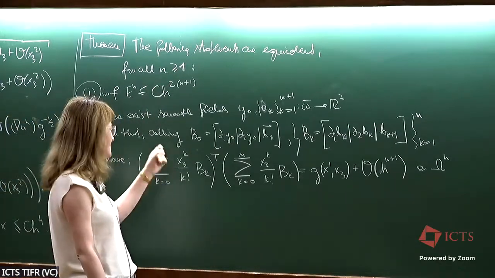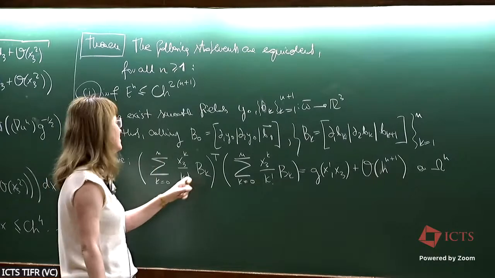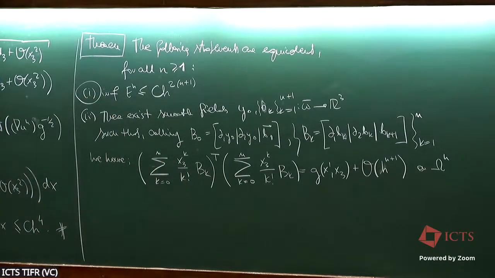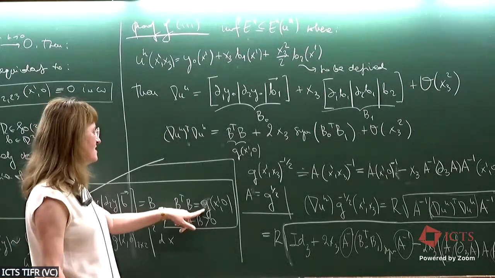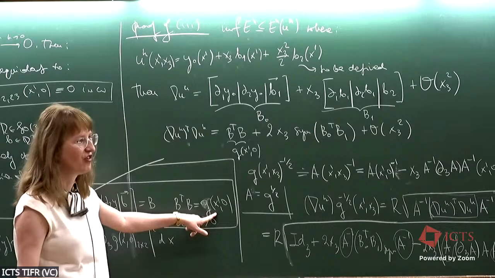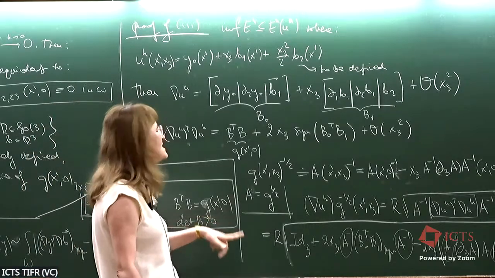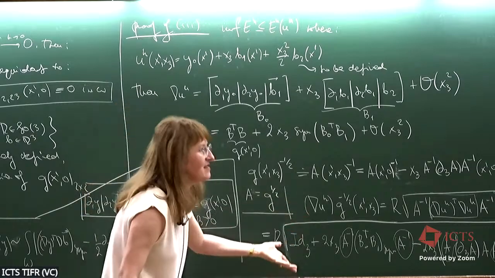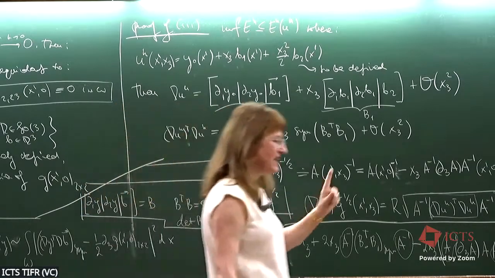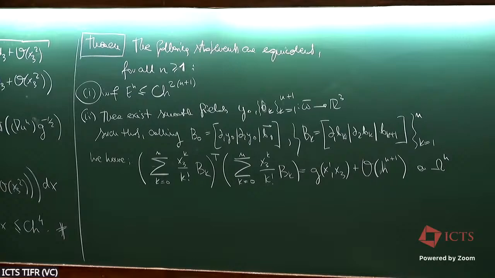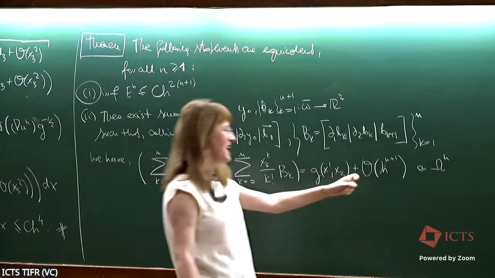So when n is 0, this is just b0, and I know that b0 transpose b0, that's what's written here. This is exactly G at x prime 0. So it differs from G of x prime x3 by just 1 over h. This is why I have here this h to power 1.